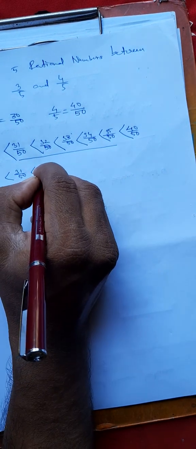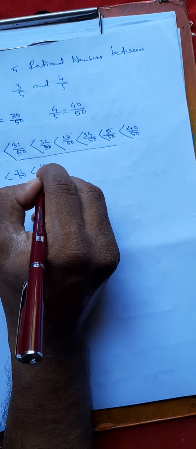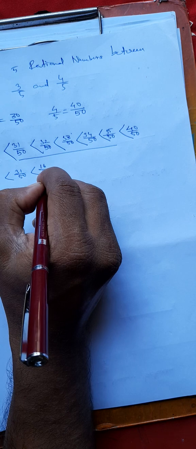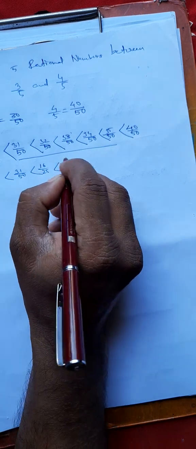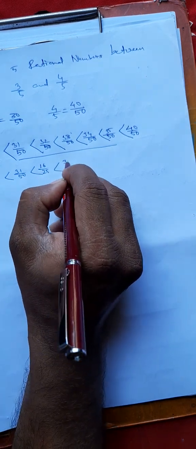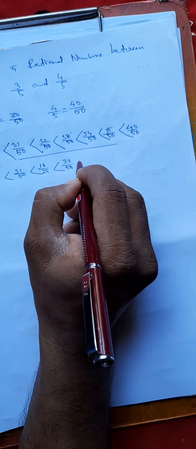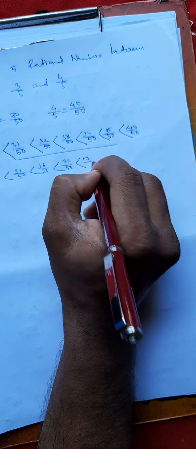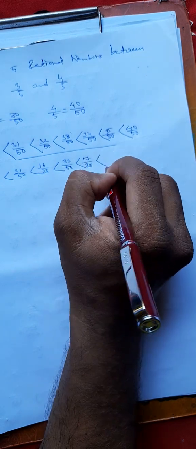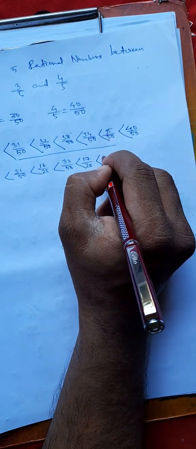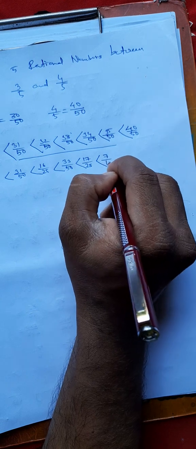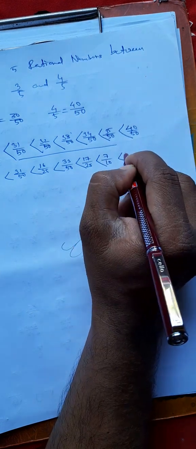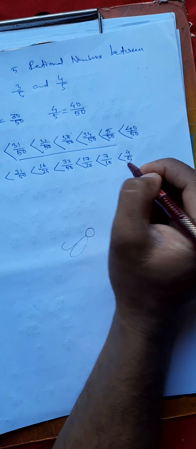32 by 50, if we convert into lowest term, is 16 by 25. This is 33 by 50, they are co-prime. 34 by 50, you can convert into lowest term, 17 by 25. 35 by 50, you can convert into lowest term, 5 7s are 35, 5 10s are 50, so 7 by 10. 40 by 50 means 4 by 5.